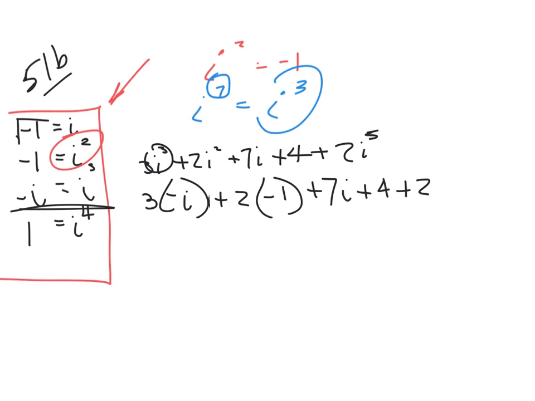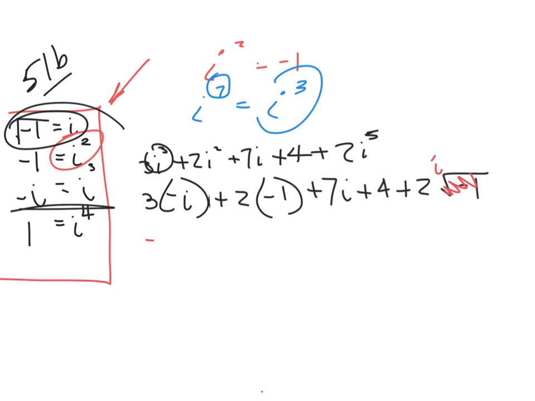I to the 5th. 4 goes into 5 one time with 1 left over. So i to the first power is just i, the square root of negative 1.